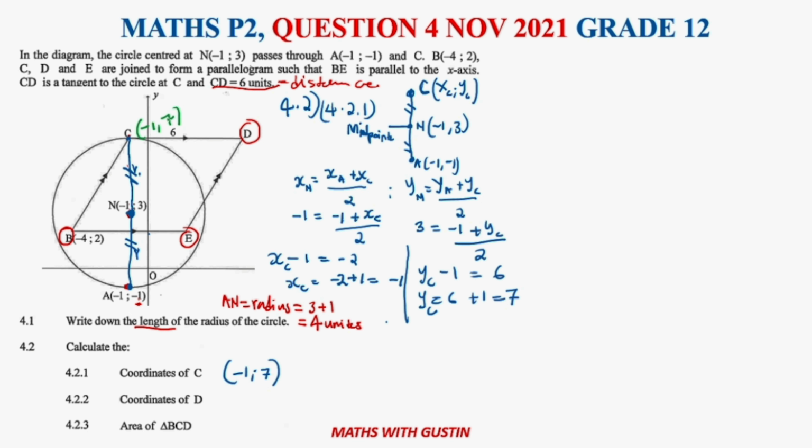They have given us the distance here, which is 6 units. We don't know the coordinates of D. X at D, we don't know what it is, and therefore Y at D.